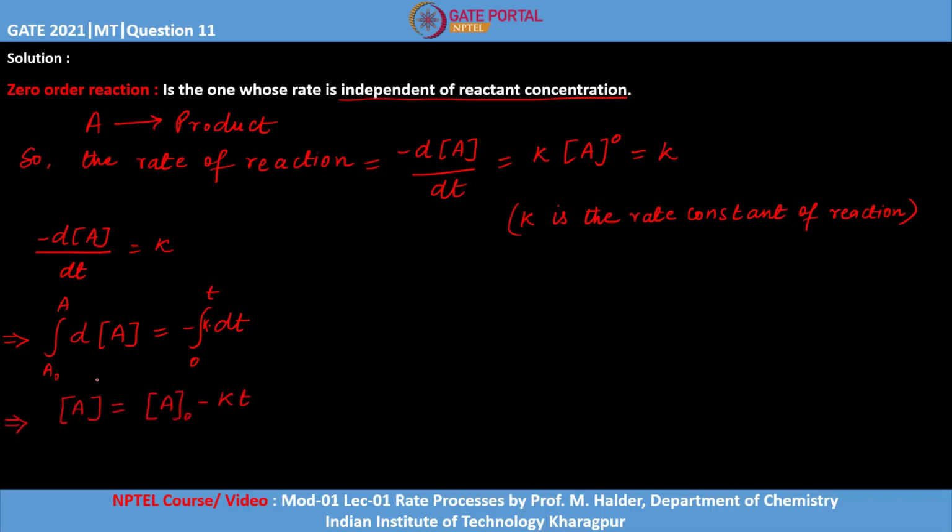So upon integrating, we will get A is equal to A0 minus Kt. So A here is the concentration of A at any time t, and A0 here is the concentration of A at t is equal to 0.